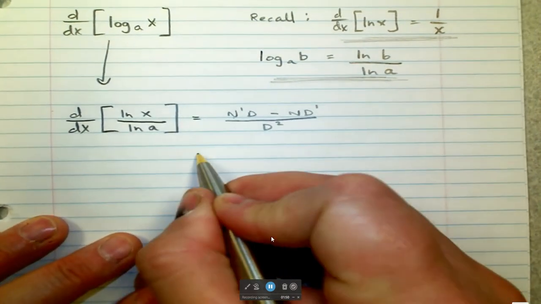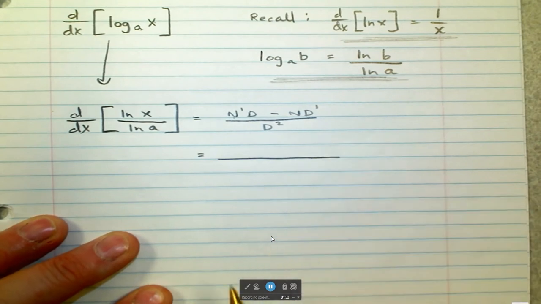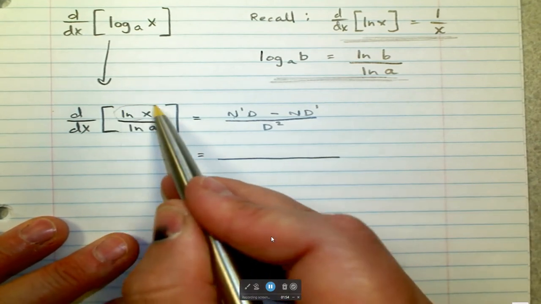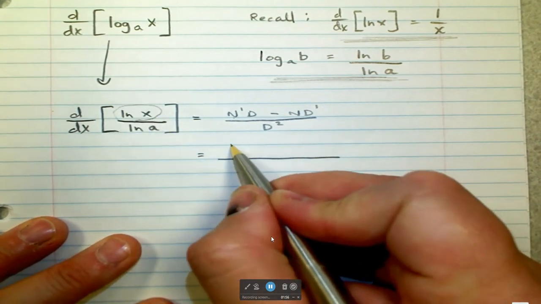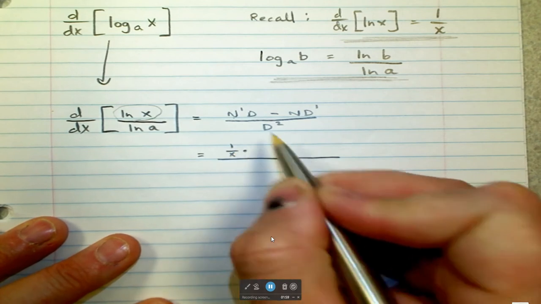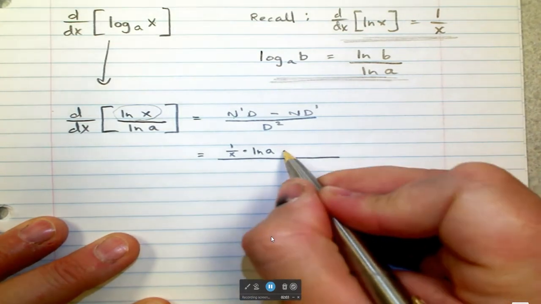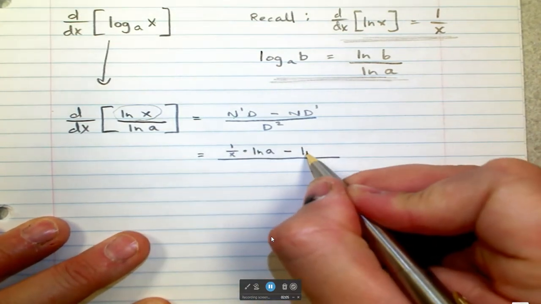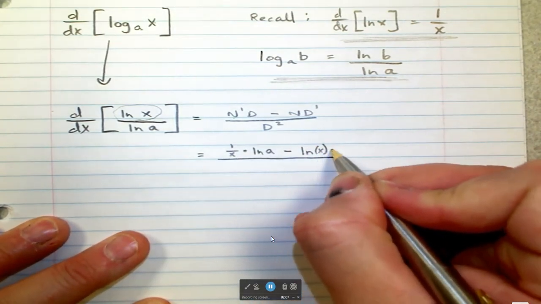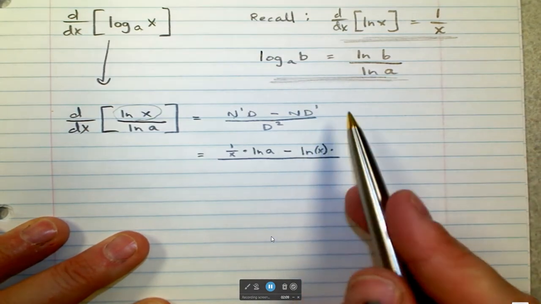So this is equal to, and let's see what we get. The derivative of the numerator is 1 over x times the denominator, which is the natural log of a, minus the numerator, natural log of x, times the derivative of the denominator.